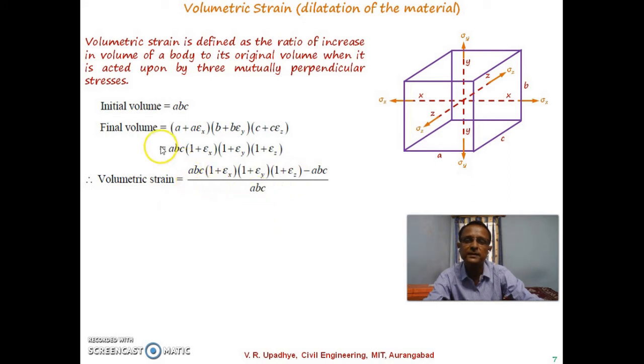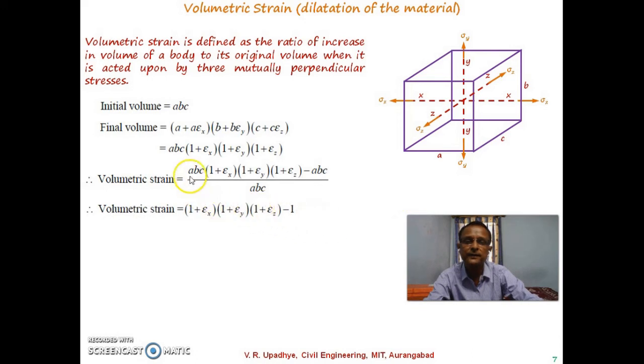So the final volume is this equation, A, B, C multiplied by these brackets 1 plus epsilon x, 1 plus epsilon y, and 1 plus epsilon z. This is final volume minus initial volume. Initial volume was A, B, C. So this minus this will give you the change in volume, and change in volume divided by original volume will give you volumetric strain.